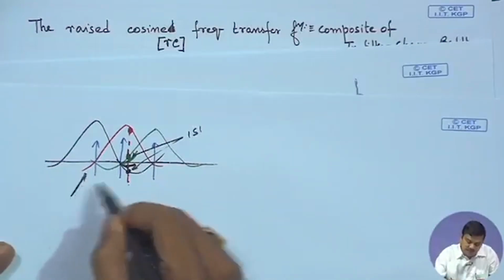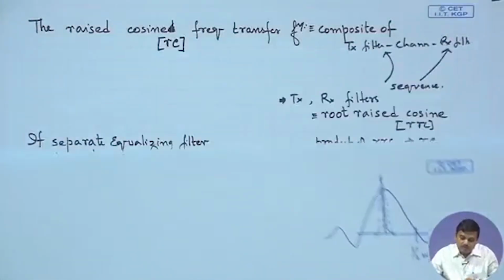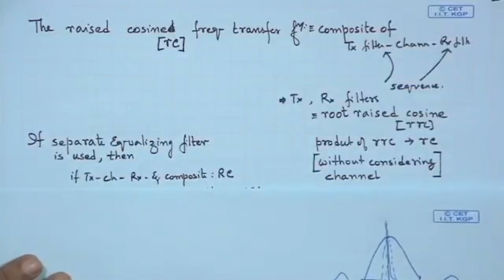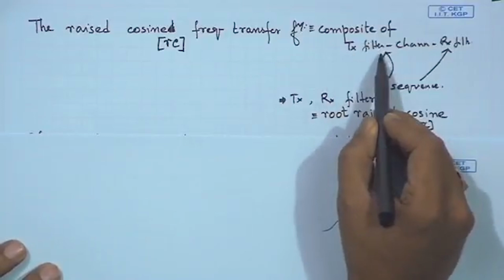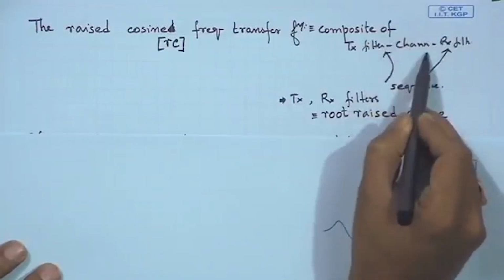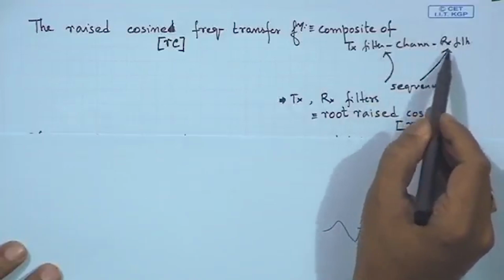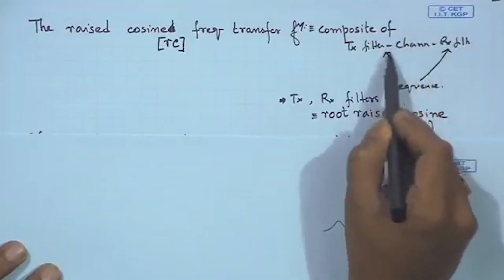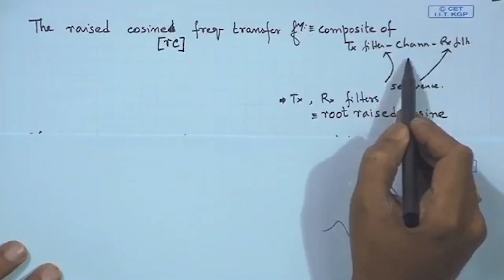If you are sampling at the right points, there is no ISI. So, this is the composite, we want to have the raised cosine. If you want the composite to be the raised cosine, you have the transmit filter at the transmitter side, you have the channel, and there is a receive filter, right. Generally, the channel is not known a priori, and it has to be estimated and compensated at the receiver, which we will see shortly.